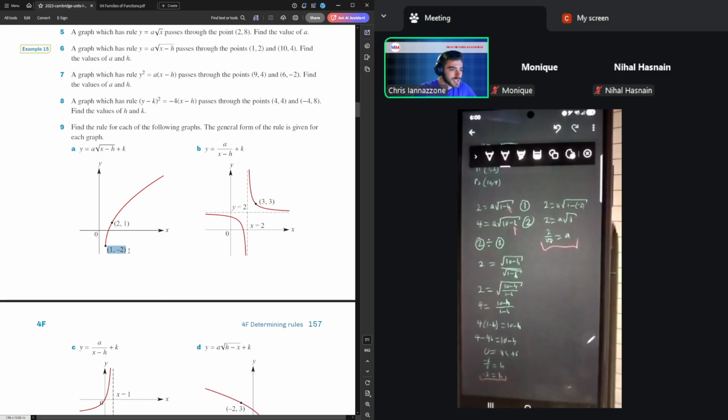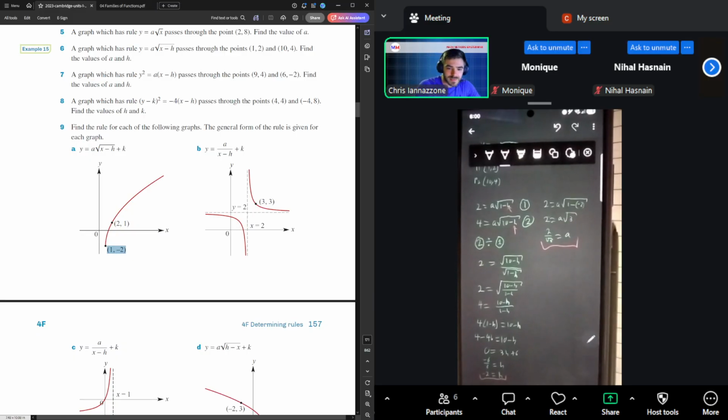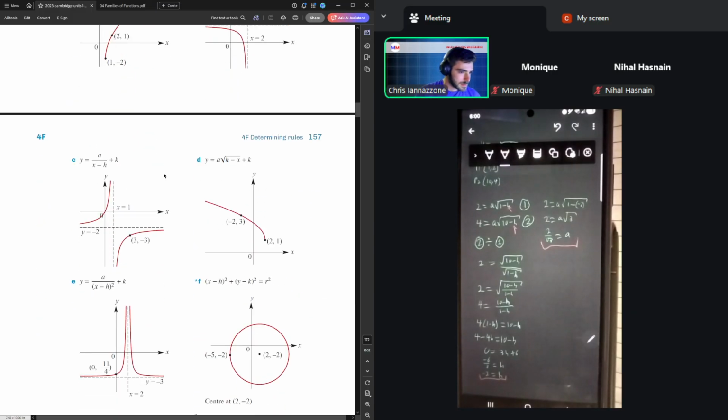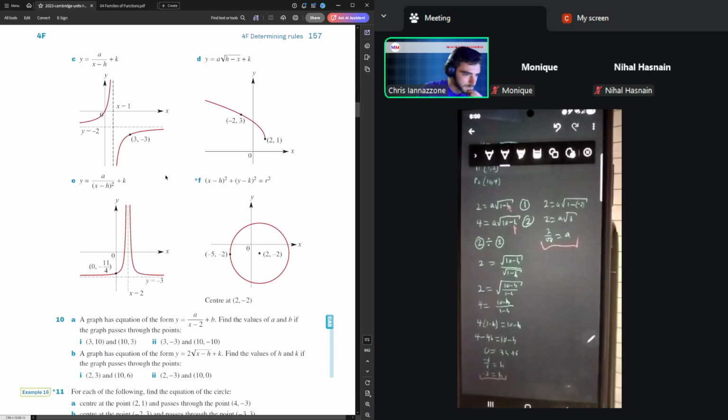This one technically only had 2 pieces of information, but sometimes some pieces of information are more dense than others. They have more in them, namely the vertex. Kind of like how it worked for quadratics when you had the turning point. You had both the horizontal and the vertical component in that. Same thing here. H is going to be 1, K is going to be negative 2. Yeah, that's about it really.